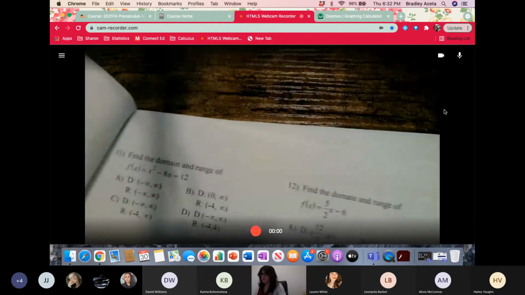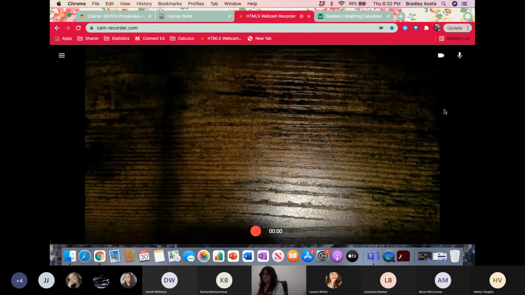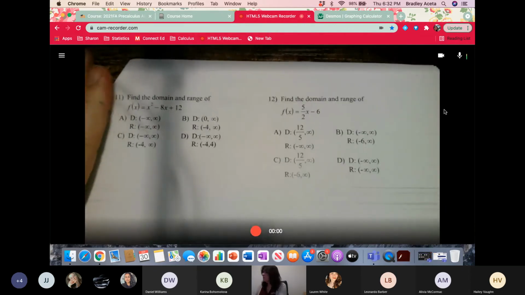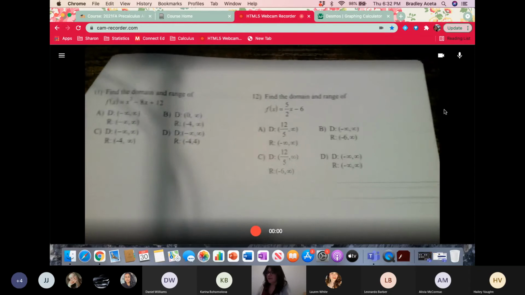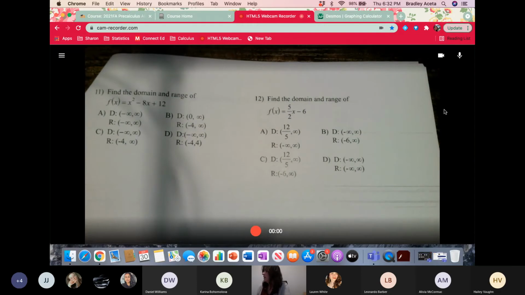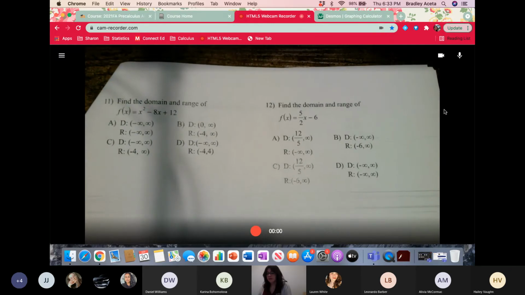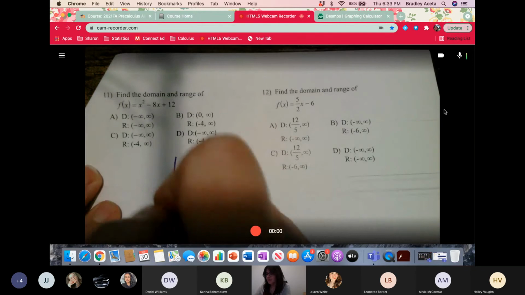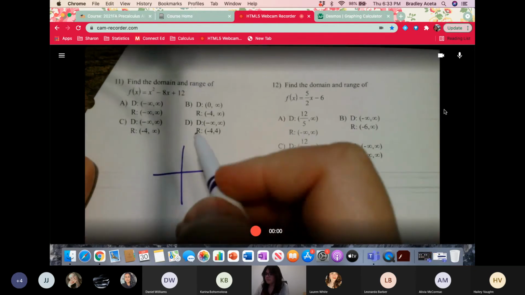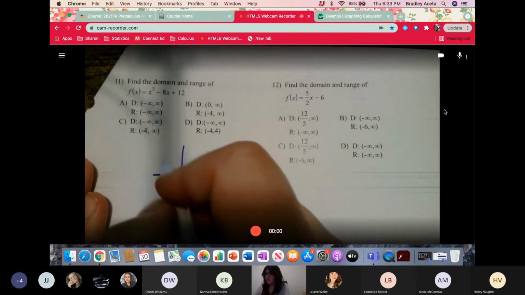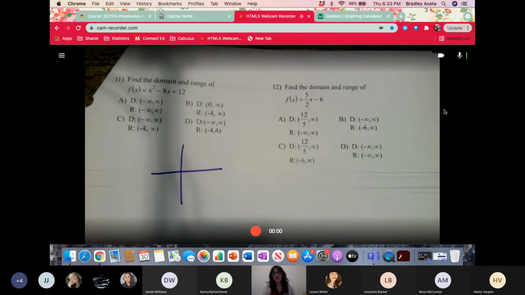And then your last 2 questions on the calculator part. Find the domain and range of a quadratic. This one, I mean, you should just know parabolas. And this is a parabola, x squared minus 8x plus 12.